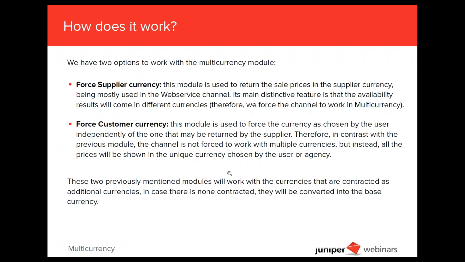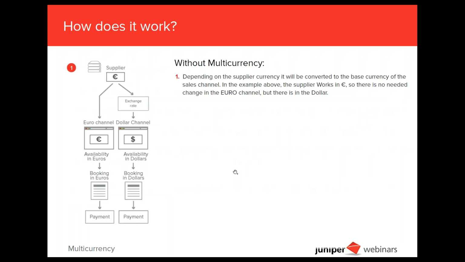These two previously mentioned modules will work with the currencies that are contracted as additional currencies, and in case there is none contracted, they will be converted into the base currency. So to further explain how it works, we'll see all the different flows that we have and had, in this case, for instance, without multicurrency to start.